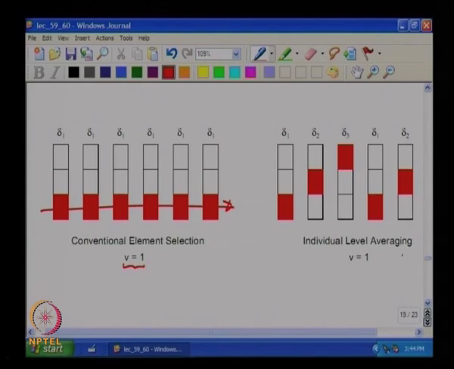Now, with individual level averaging, what you say is that the first time I get a 1, I will choose the first one, the next time I get it, I will choose the second one, the third time I get it, I will choose the third unit element, and the fourth time I will come back to the first and keep repeating, right.